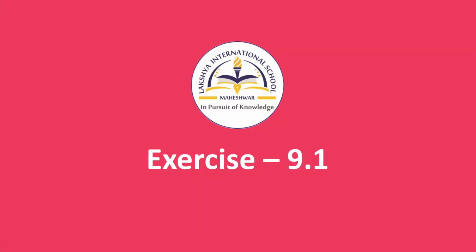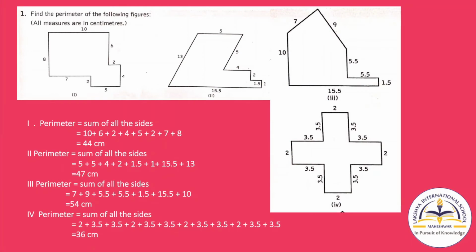Now on the basis of these formulas we are going to solve exercise number 9.1. Question number 1. Find the perimeter of the following figures. All measures are in centimeters. Now for the first figure, you can see the sides are given. So we know the formula of perimeter, that is the sum of all the sides of the given figure.